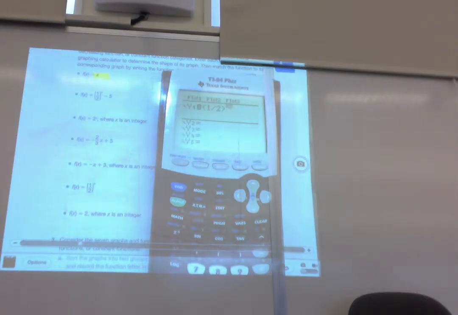You got the caret, and now the x. We'll graph it and see what happens.